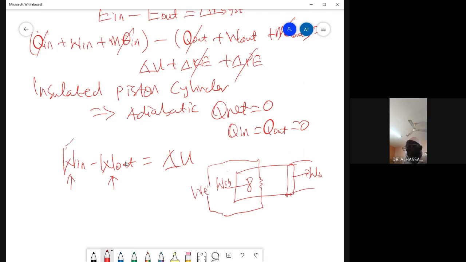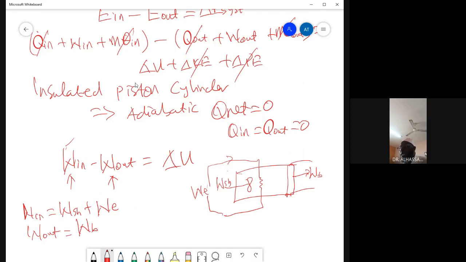So W in corresponds to W electrical because this is coming into the system. And then we have W shaft also. So there are two types of W in: W shaft plus W electrical. And what is the W out over here? W out will correspond to boundary work.